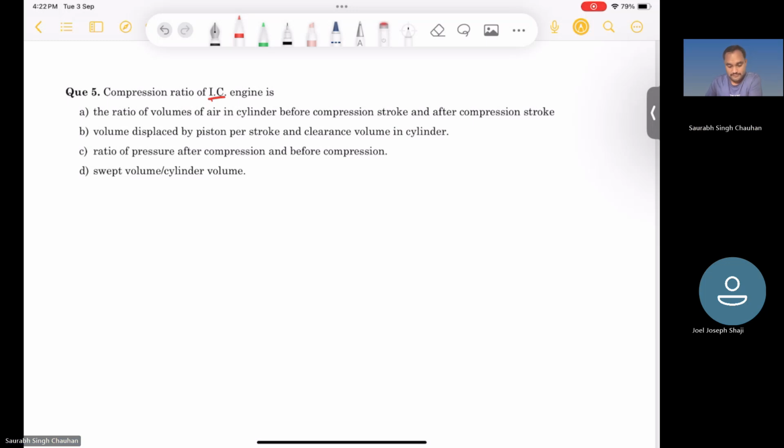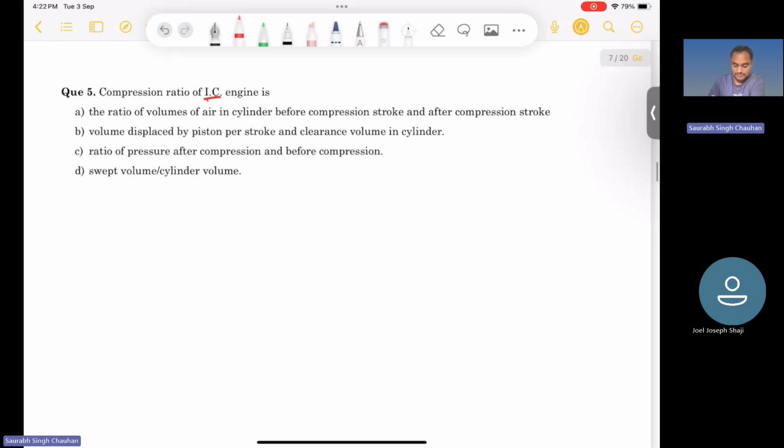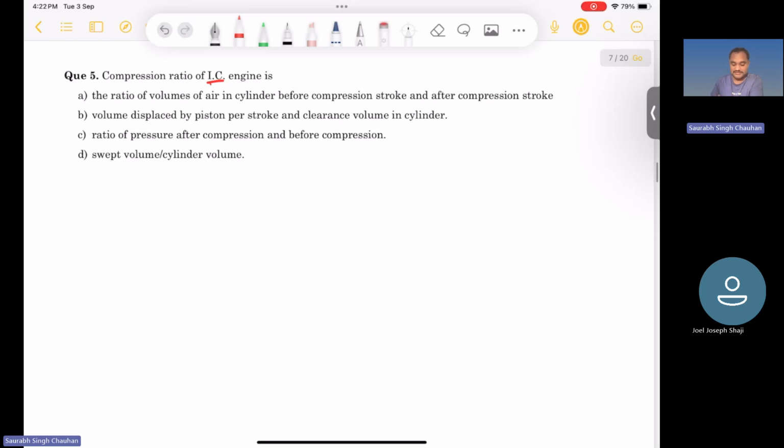So if you have watched the lectures properly, then you should be able to answer this question. We will see all these options one by one. So basically, compression ratio is the ratio of maximum cylinder volume to the minimum cylinder volume.